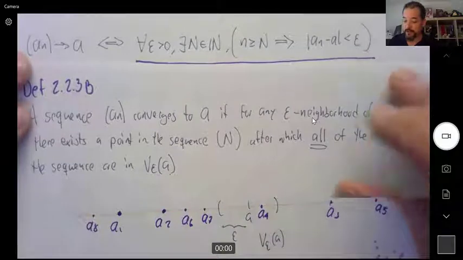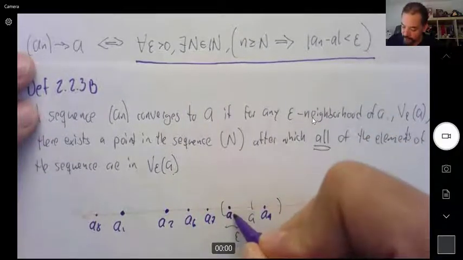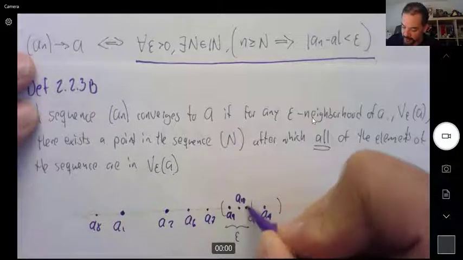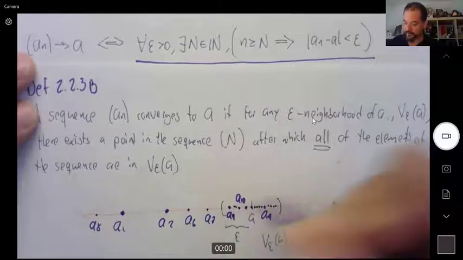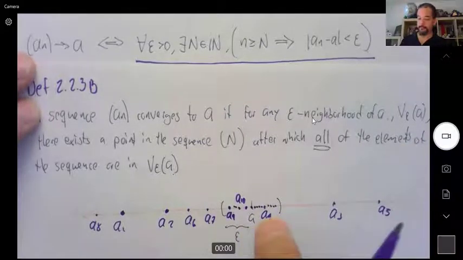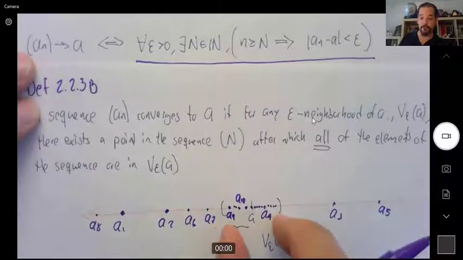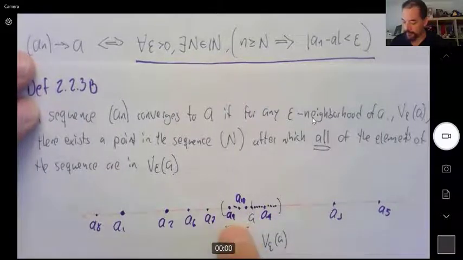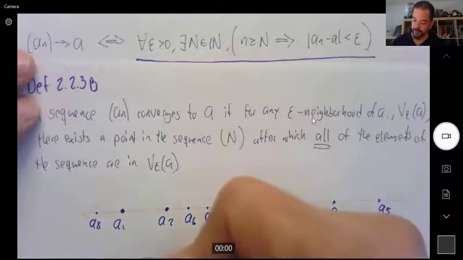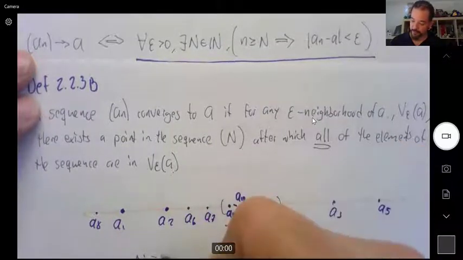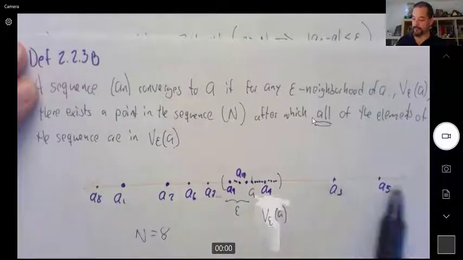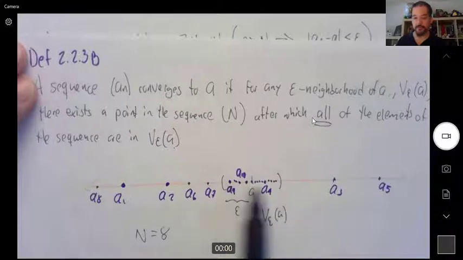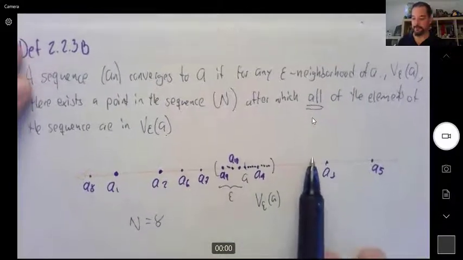But eventually, all of them start falling in here. a9, a10, a11, 12, 13, 14, 15. All the rest are inside here, right? At some point, all of them come into this neighborhood here. In this case, it happened after 9, right? So in this little example that I just drew over here, the capital N was 8, because any member after the 8th one, any point after the 8th is already inside this little neighborhood. Okay, does that make sense?